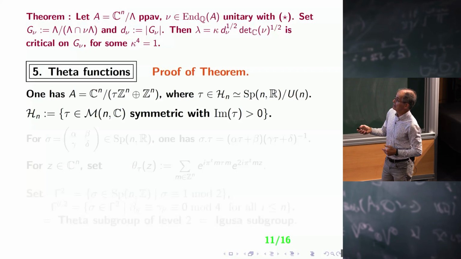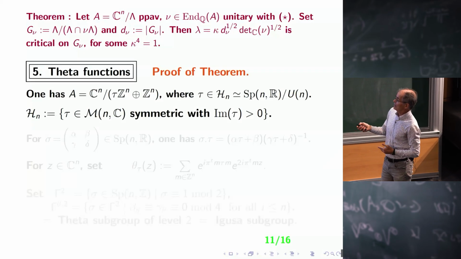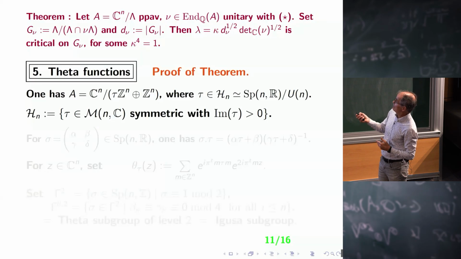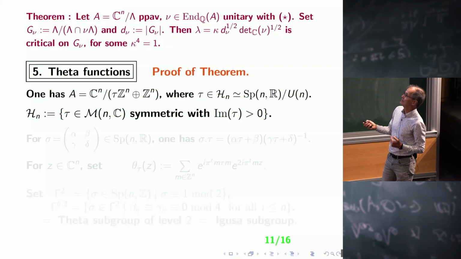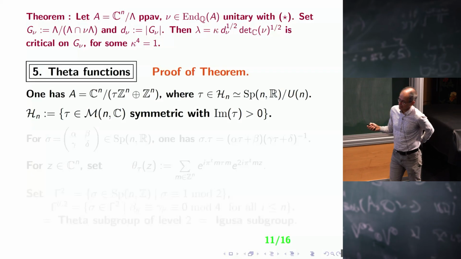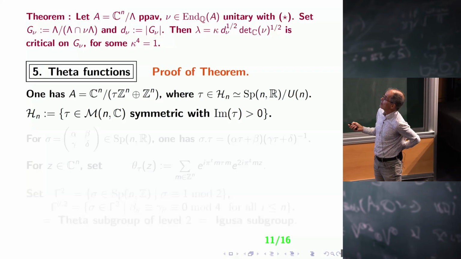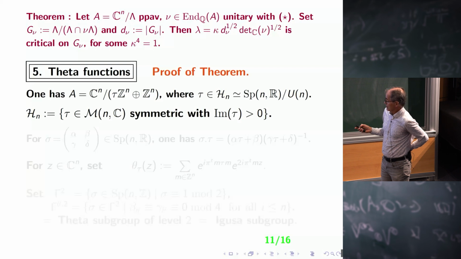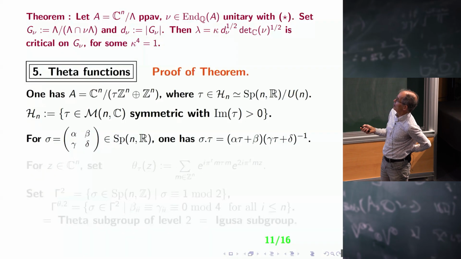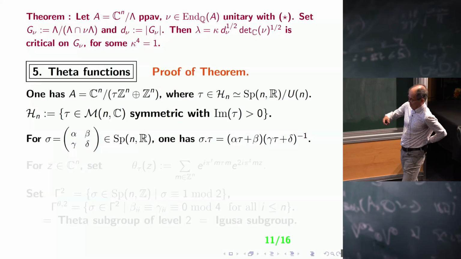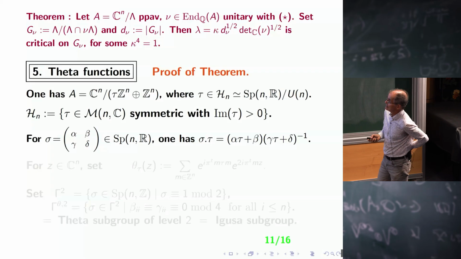By a theorem of Riemann, this matrix has to satisfy some conditions to live in the Siegel upper half space: it has to be a symmetric complex matrix, and its imaginary part has to be a positive definite real quadratic form. And on this Siegel upper half space, the symplectic group acts by this very classical formula, alpha tau plus beta, multiplied on the right by gamma tau plus delta.